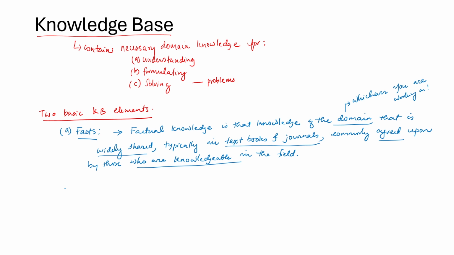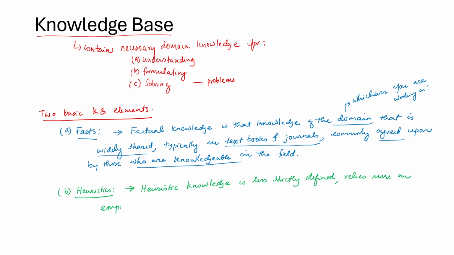Now the next one is B, heuristics. Heuristic knowledge is less strictly defined, relies more on empirical data, and is more of a judgmental knowledge of performance.